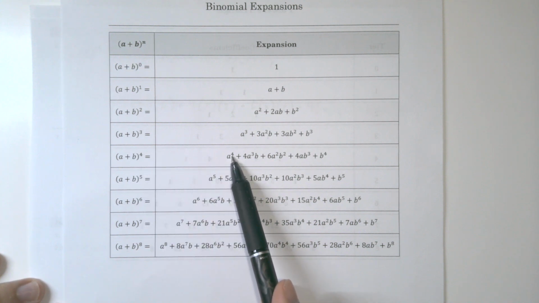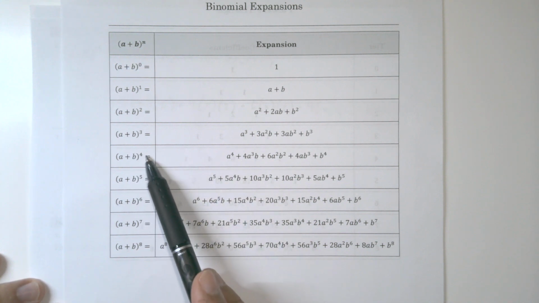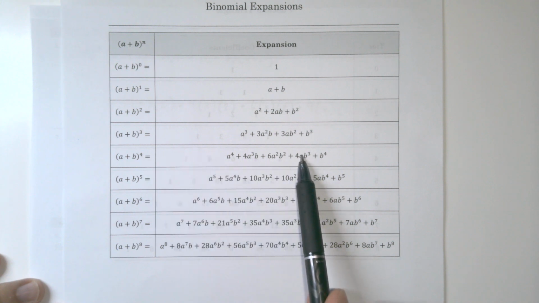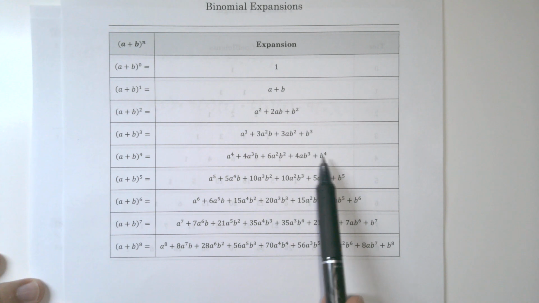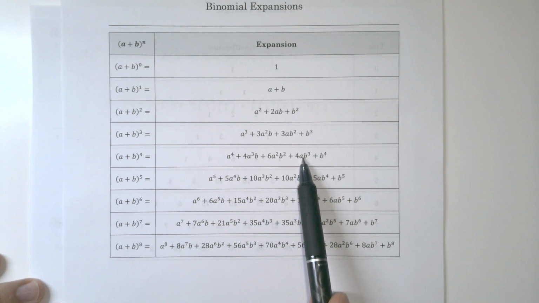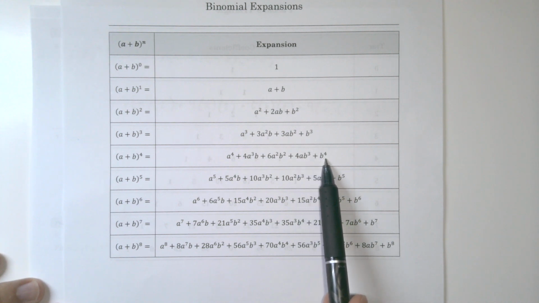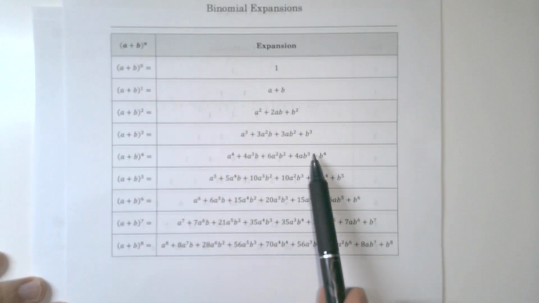The exponents for a start at 4, so whatever this number is, 4, 3, 2, 1, and then 0. So this a here, remember anything to the first power is itself, so a to the first power is just a. And then anything to the 0th power is 1. So we don't even need to write a to the 0th, we just write b to the 4th. And then same thing with the b's.